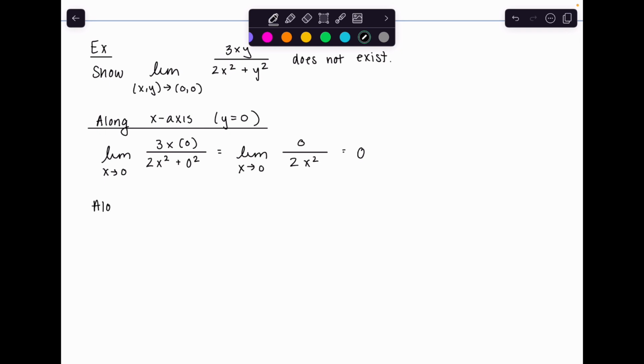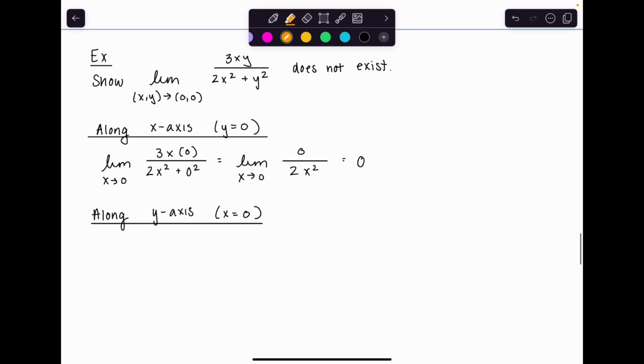So along this path, my limit is 0. Let's try another natural path now. Let's go along the y-axis. So that's where x is equal to 0. And so again, all that's going to do now is change these x's into zeros. So this becomes the limit as y approaches 0 of 3 times 0 times y over 2 times 0 squared plus y squared.